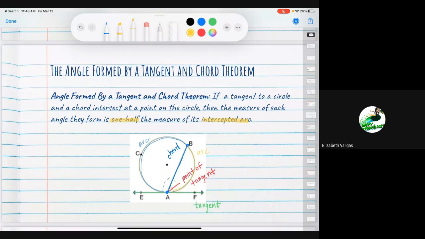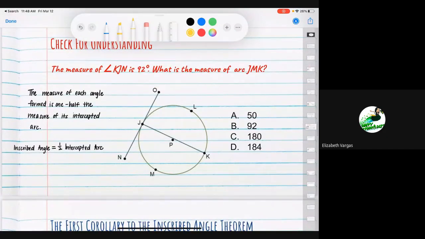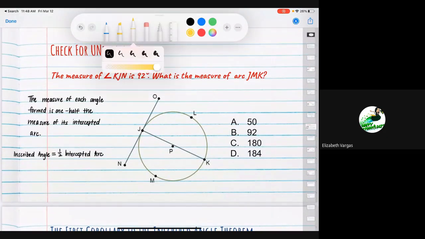Okay. So this is saying the measure of KJN is 92. So this is 92. Then what is the measure of arc JMK? So given that information, what is the measure of this arc right here?